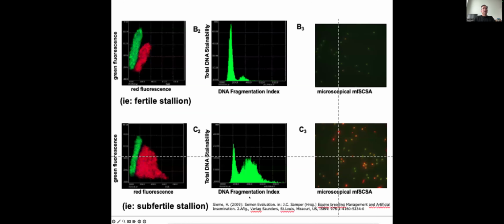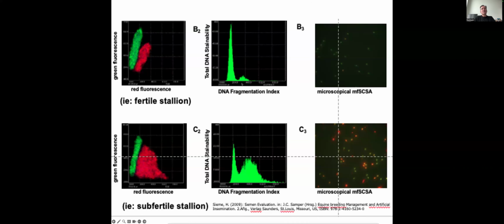And to show you an example, you see here a dot plot from a stallion with a relatively low percentage of sperm with a damaged DNA, more intact DNA. And here is a stallion with a very high percentage of damaged DNA, the red cloud, compared to the green cloud.